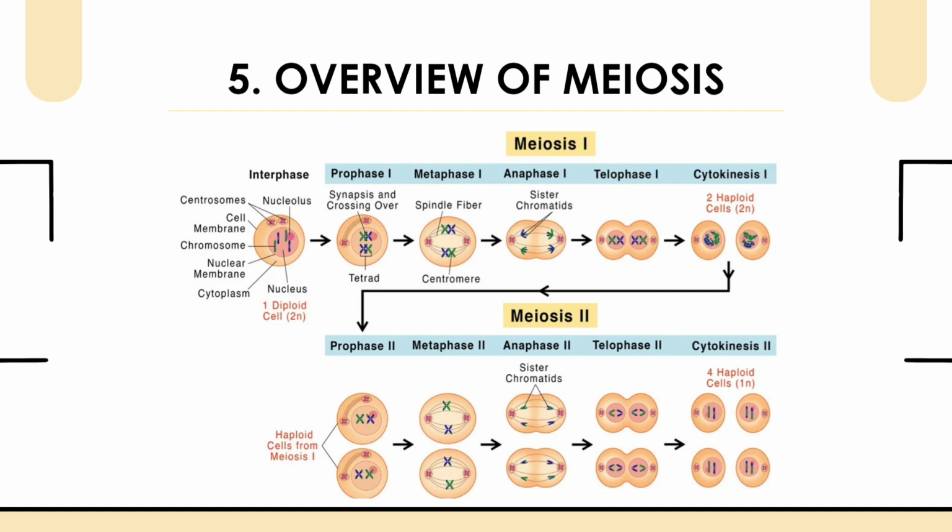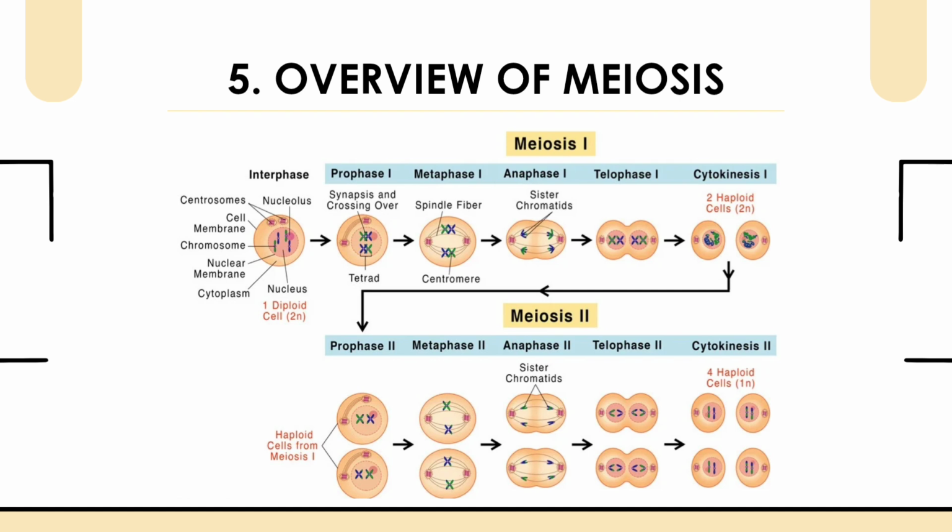But here's the interesting part. Prophase I is further subdivided into 5 substages: Leptotene, Zygotene, Pachytene, Diplotene, and Diakinesis. These are where the magic of recombination and crossing over happens. Then comes meiosis II, which is very similar to mitosis. It includes prophase II, metaphase II, anaphase II, and telophase II.